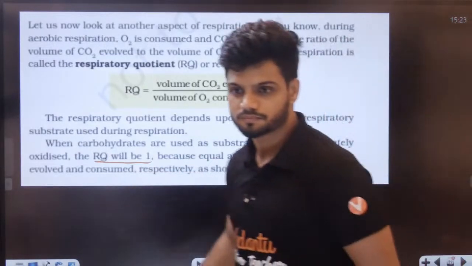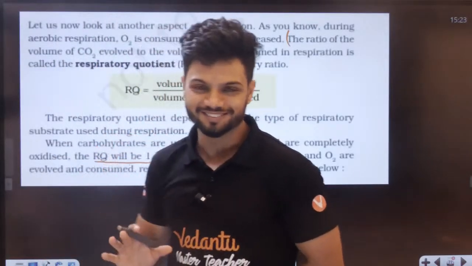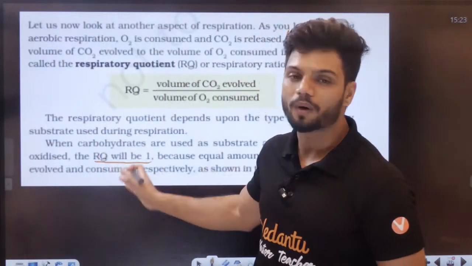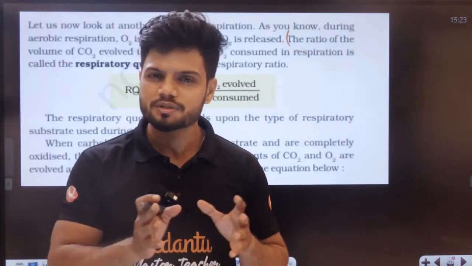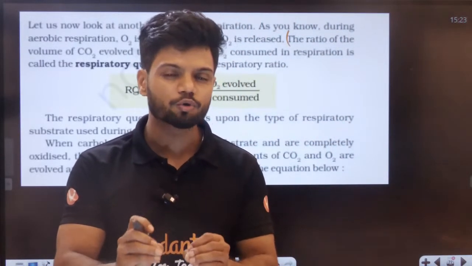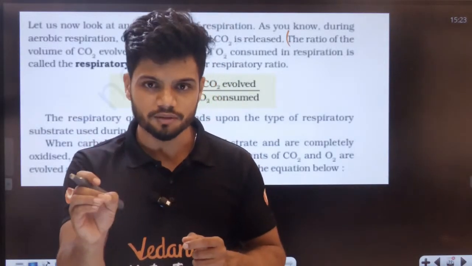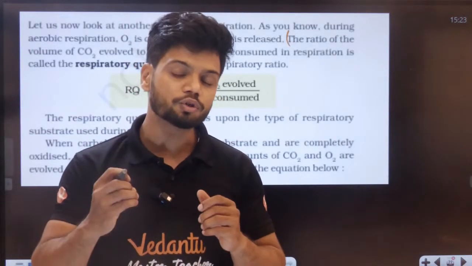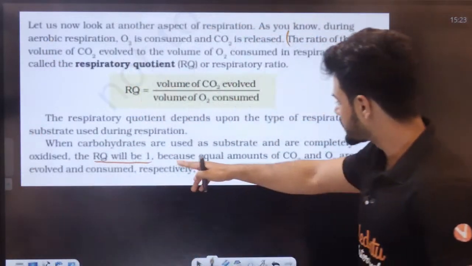For carbohydrate it is 1, because whenever we use carbohydrate completely, the amount of oxygen consumed and amount of CO2 released are both the same. So in that case it is 1.